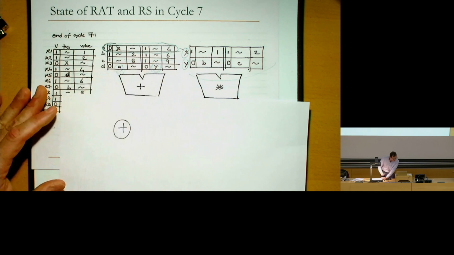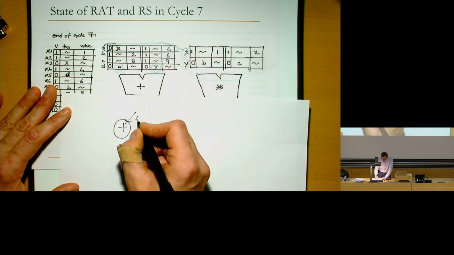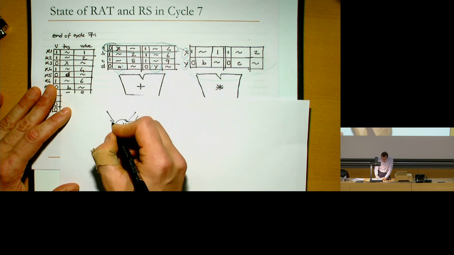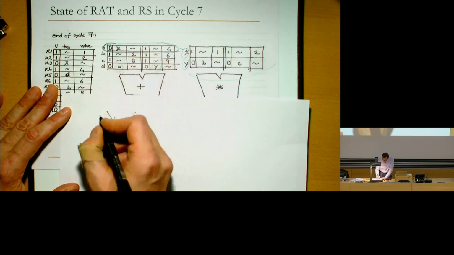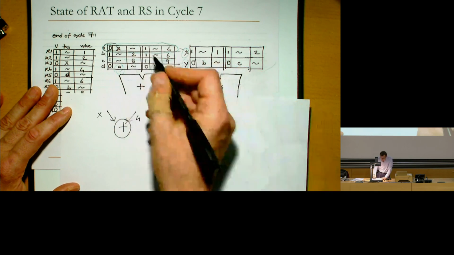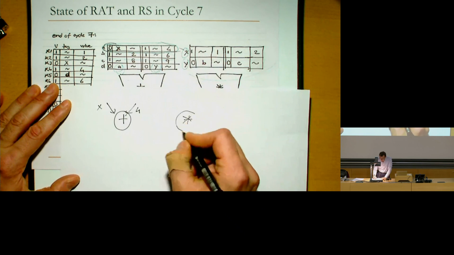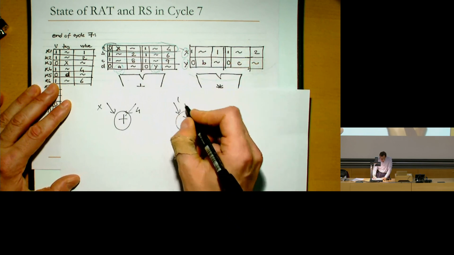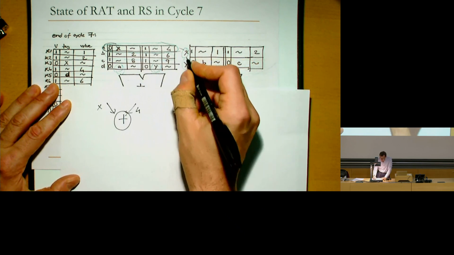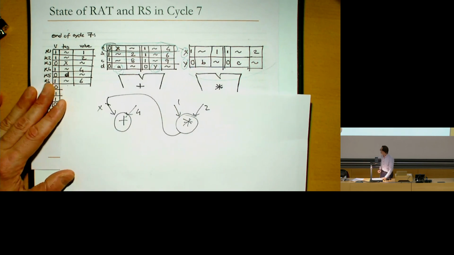One of the inputs is 4, and the other input is really coming from x, right? And now let me look at x, just for fun. This is a multiply instruction. One of the inputs is 1, and the other input is 2, and it produces x. Sounds good. I'm going to connect them, right?